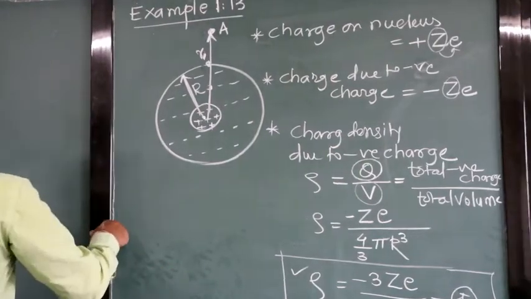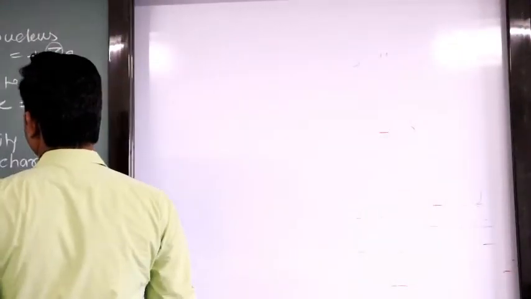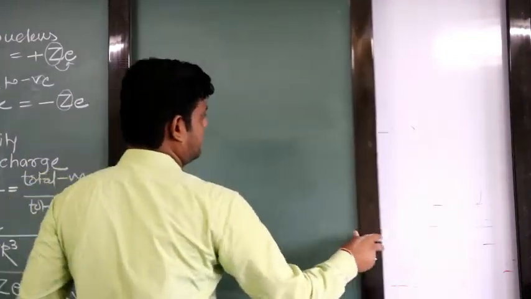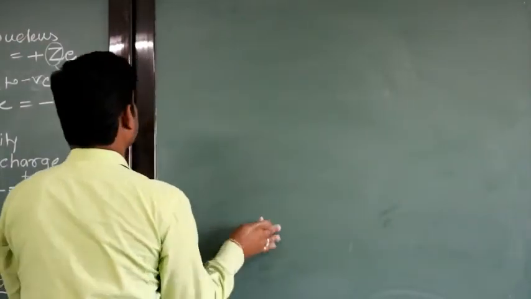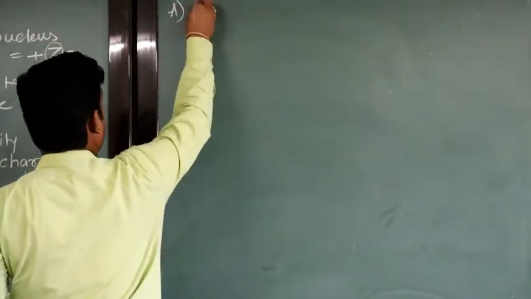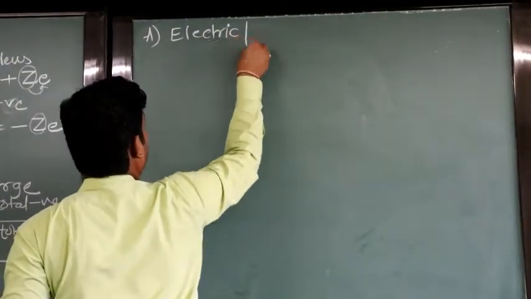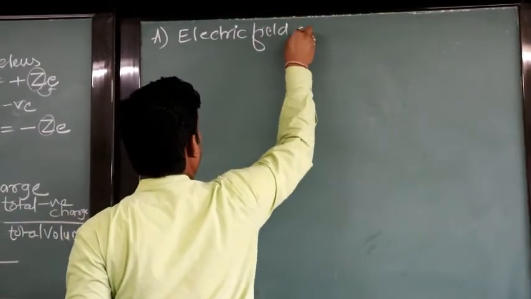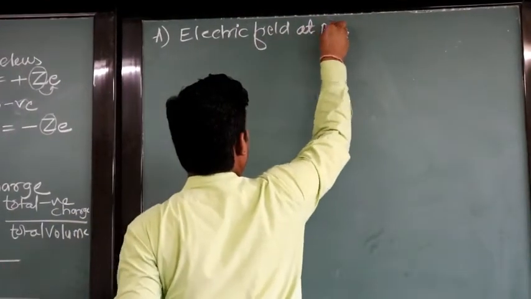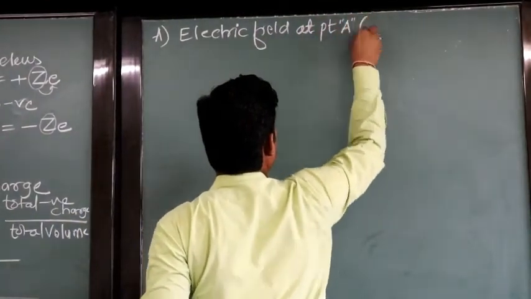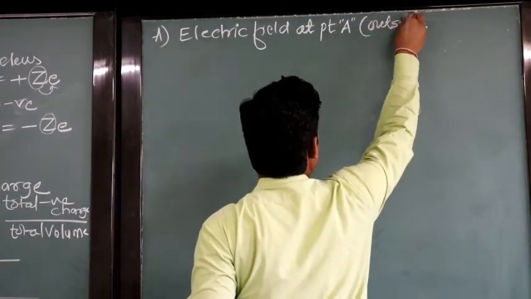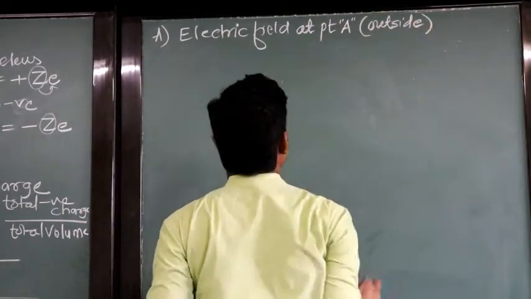First we are going to calculate the electric field at RO, at a point A outside the atom.